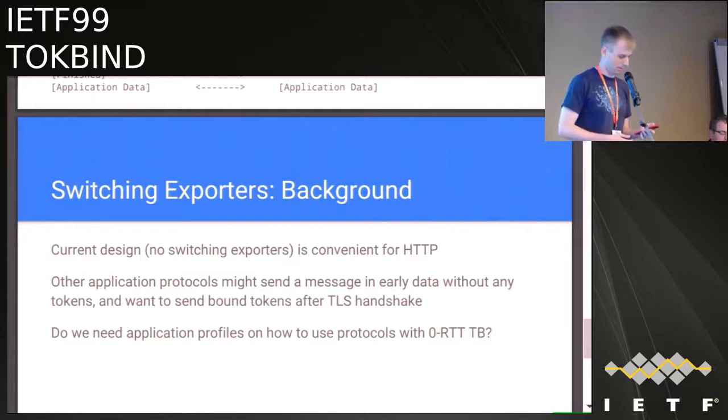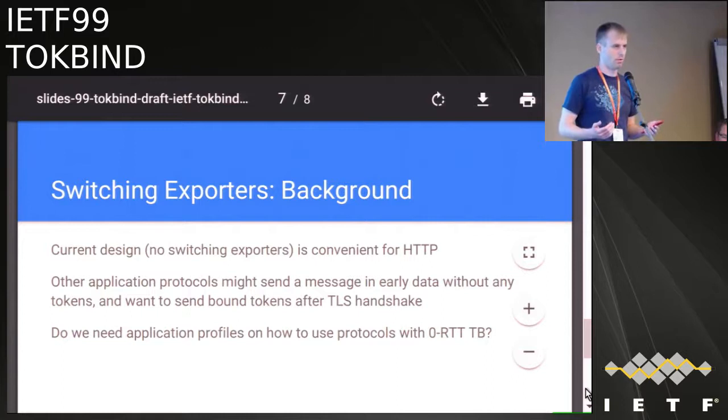So I've reached this question of how much support we want to give, or how many other application protocols we want to be considering when designing 0RTT token binding, and whether this use case of not sending a bound token in early data falls under 0RTT token binding.